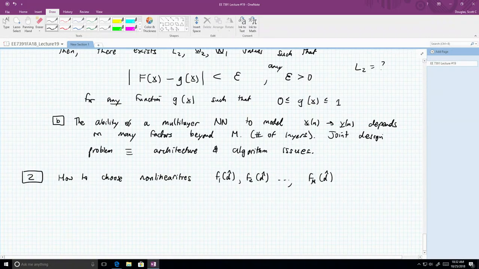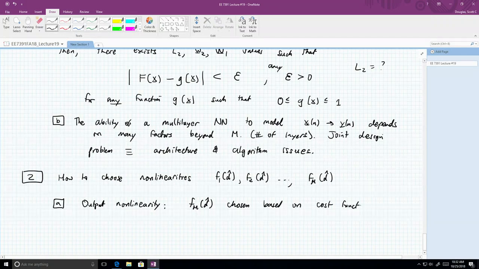Well, for FMD, it turns out for the output nonlinearity, this FMD is chosen based on the cost function, so how J of k is defined, and or the data distributions.